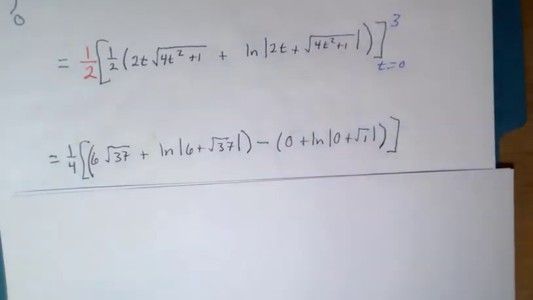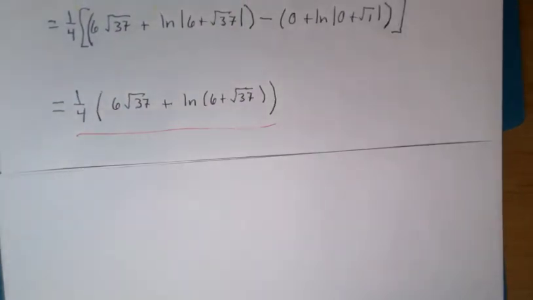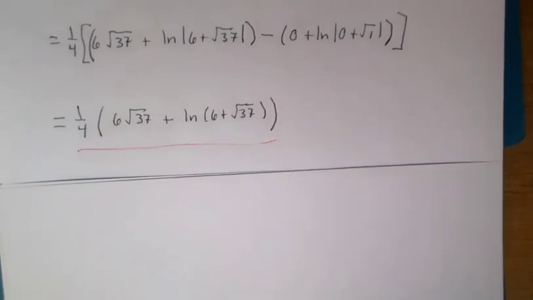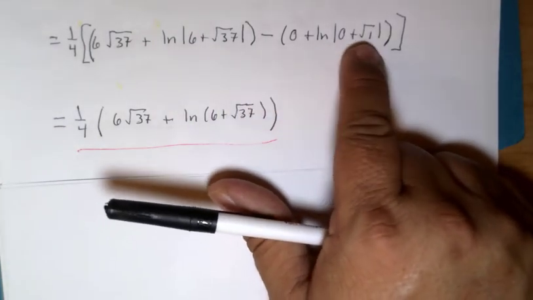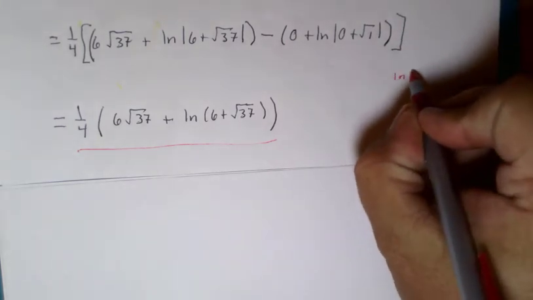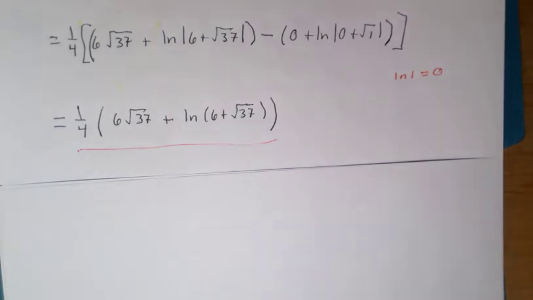Alright. Finally, let's see what happens here. Well, what happened? Looks like I erased half of my previous work. No, I didn't. The square root of 1 is 1, and the natural log of 1 is equal to 0. This function can be evaluated.